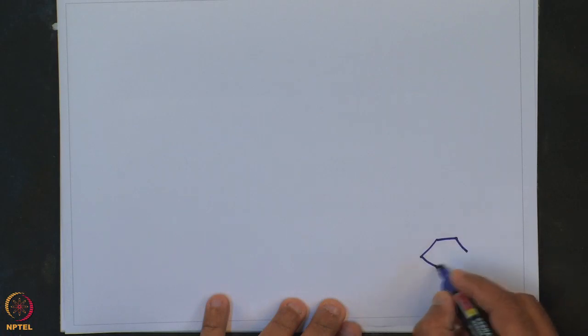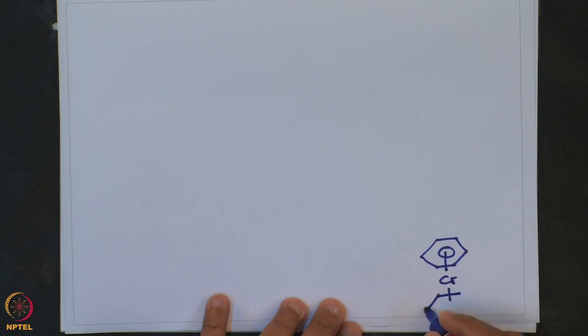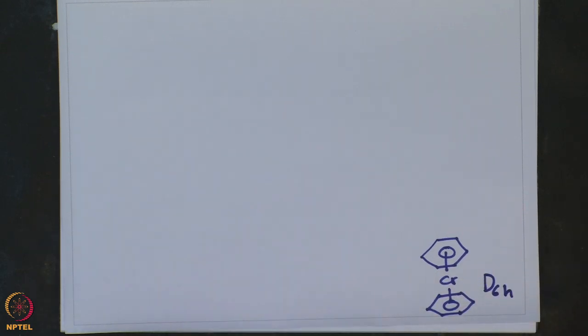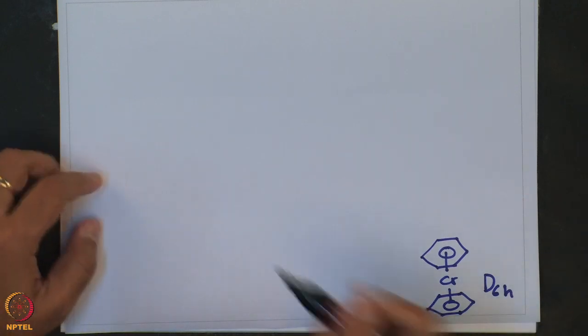So, now we are going to move on to the most important aspect of it, which involves the construction of the molecular orbital correlation diagram, and this is done for the eclipsed conformation of the bis-benzene chromium complex. As an example of case study, the symmetry is D6h, and we are going to construct this molecular orbital.